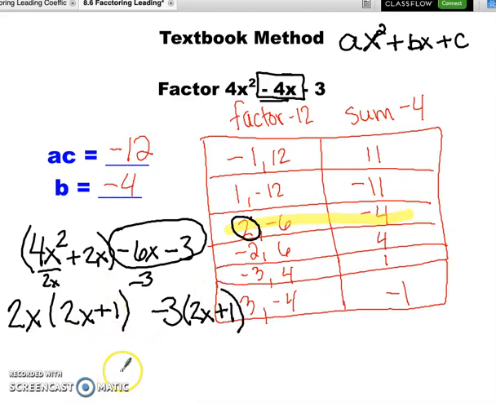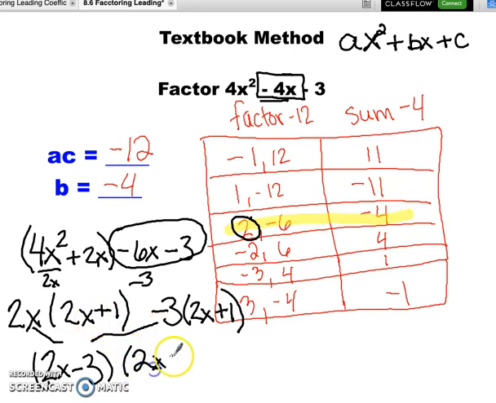Now, if I look, I see that I have two things both multiplied by the 2x plus 1. And I'm going to use the reverse of the distributive property, and I'm going to change this now to 2x minus 3, taking this one here and this one here, and then it's all being multiplied by 2x plus 1.